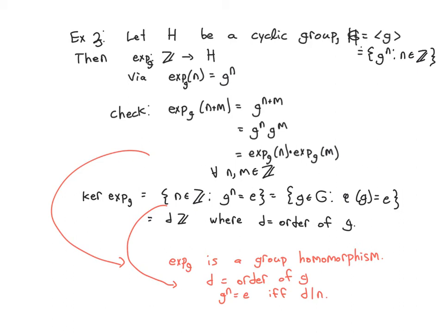The point is, the elements in here all have to be multiples of D. So this set is D times Z. That is our kernel in this case.